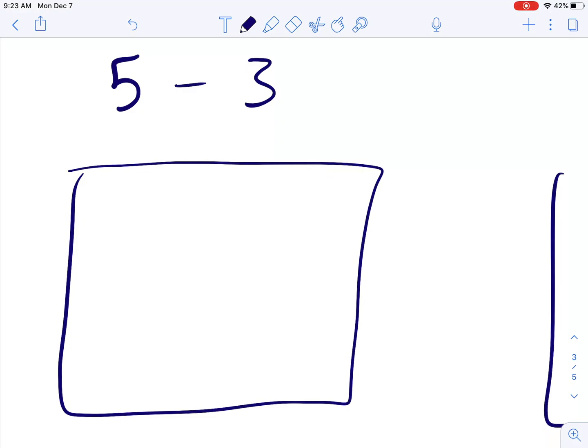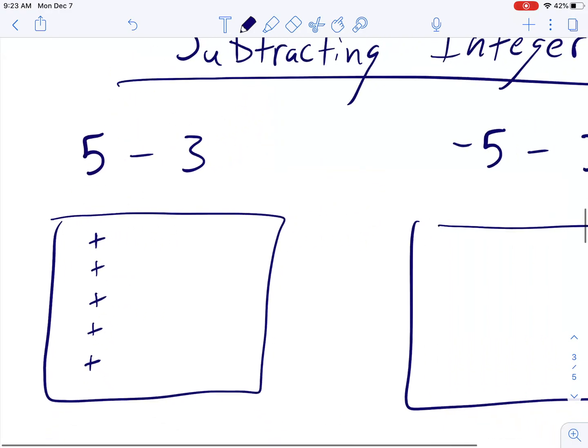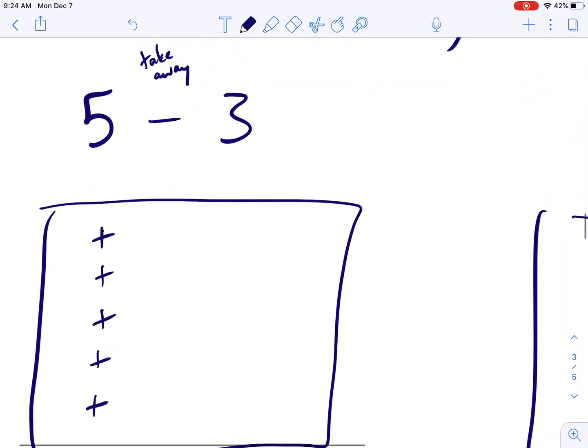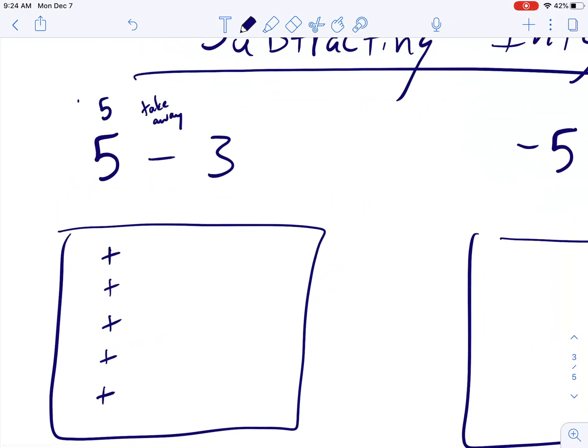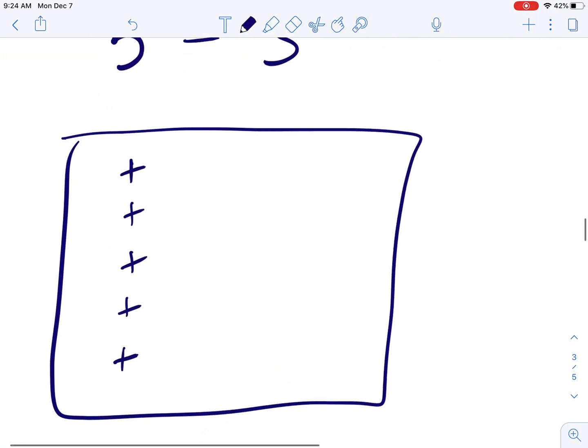So for the first one, we'll start nice and easy with a kindergarten first grade problem, 5 minus 3. So again, we're going to be representing plus signs with plus and minus signs with minus. So remember, 5 is positive 5, so we have 1, 2, 3, 4, 5 positives. And now we're not adding in 3 negatives. Here we're subtracting, so what we're doing is we're taking away. So this says 5 take away 3 positives, okay?